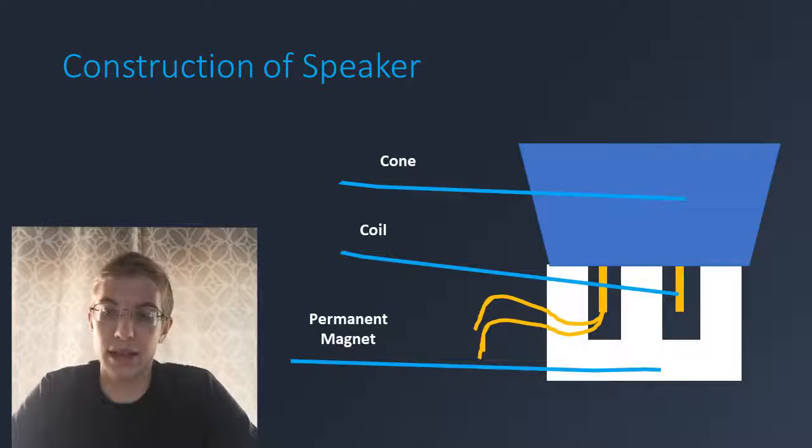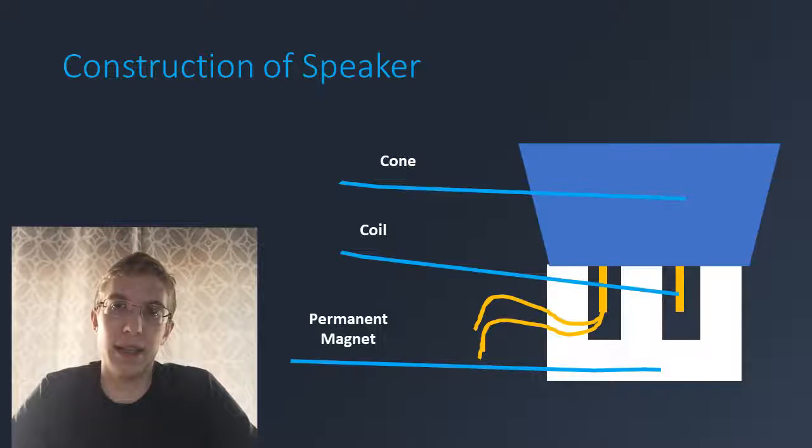The last component in the system is the speaker, and this is the load resistance, which is, as mentioned before, very small, and this is why the amplifier system is designed to work with a very small load resistance. There are three main components to the speaker: a coil of wire, a magnet, and a cone.